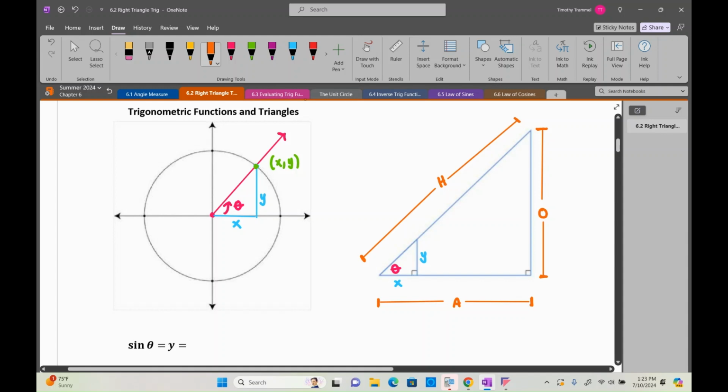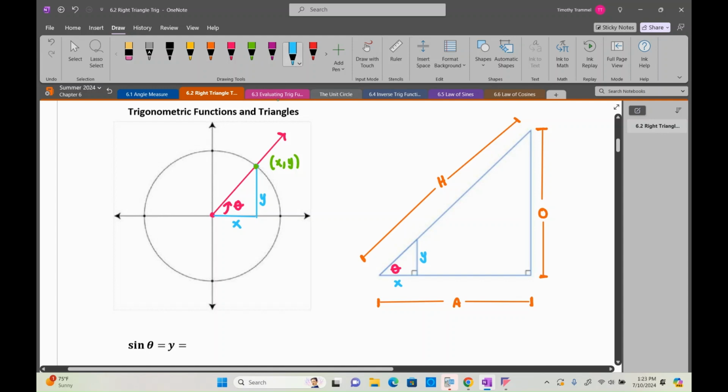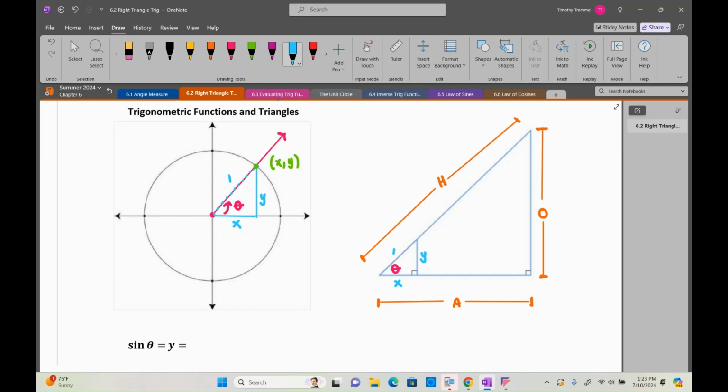And then there's one last thing I want to actually label here. So we also know that this side length right here is 1 because this is on the unit circle, which has a radius of 1. So that means I could also go over here and I could label this as a 1. All right, so now that we have this, again, we have two similar triangles here.